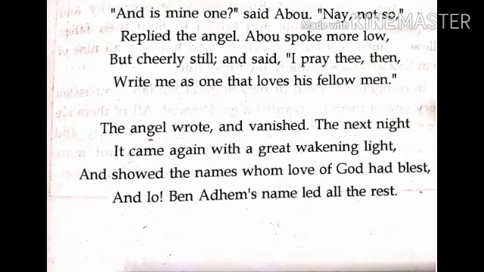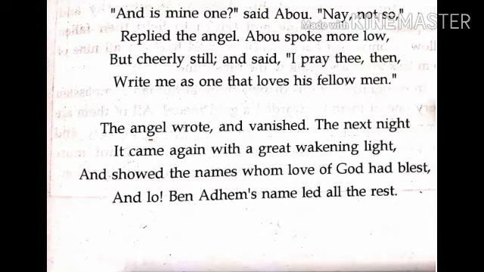So he is telling the angel, "Can you please write my name as the one who at least loves his fellow beings?" Because what the angel said is that your name is not in this book where I am writing the names of all those people who love God. So he is saying, "Then please write me as the one who loves his fellow men."